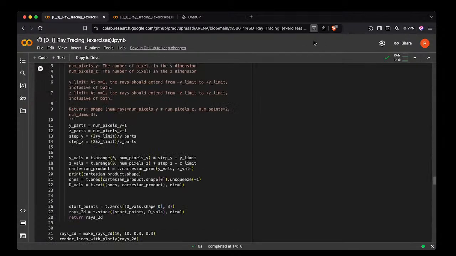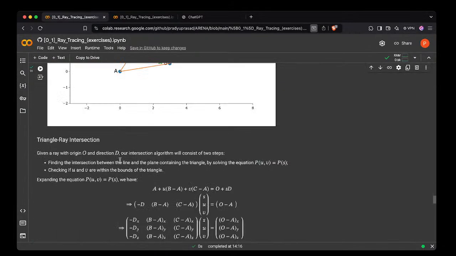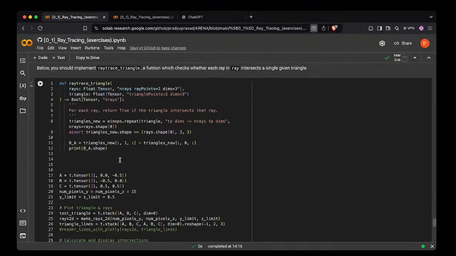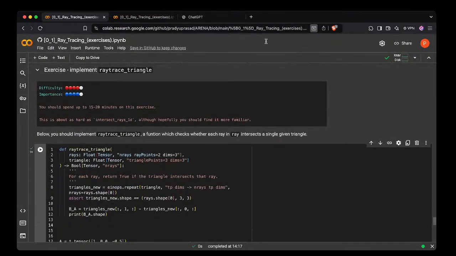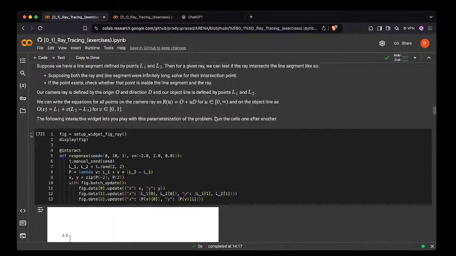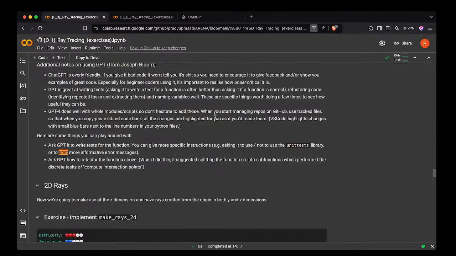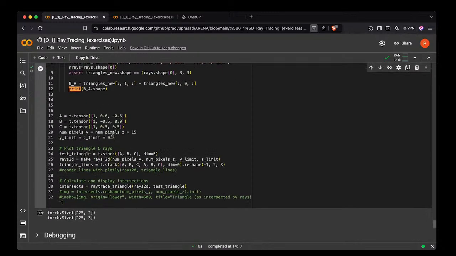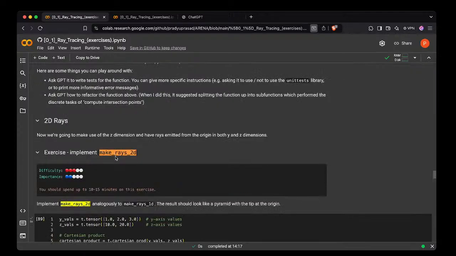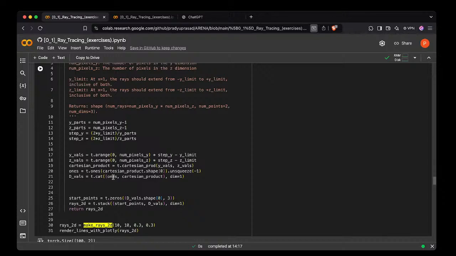That's why it's coming from there. We're using A equals B equals stack. Make rays 2D. Let's open this. This is the only one we're running, right? There's no prints inside this either. Okay.